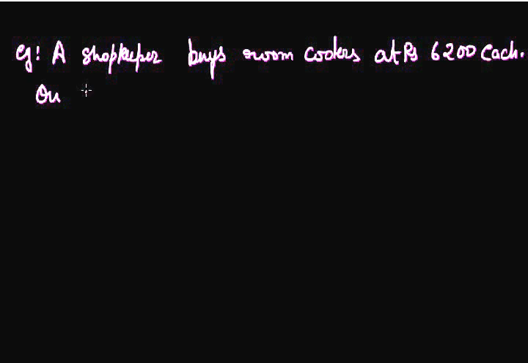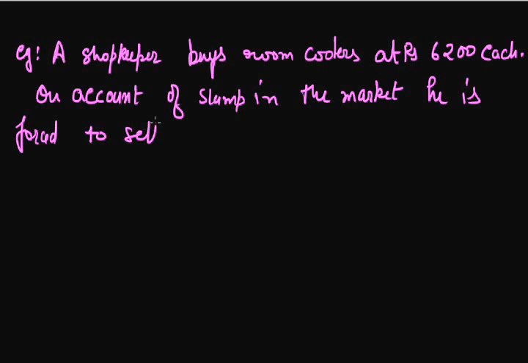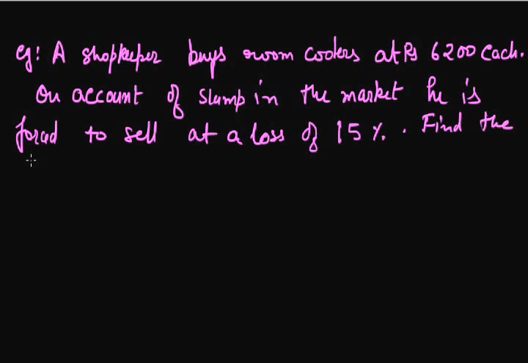On account of a slump in the market, he is forced to sell at a loss of 15%. So we have to find the selling price of the room cooler.